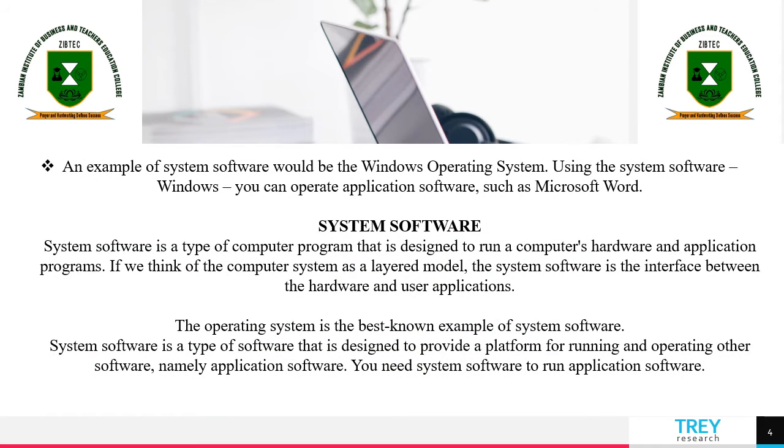Now we move on, before we go to system software, to look at some practical examples under application software. An example of system software would be the Windows operating system.